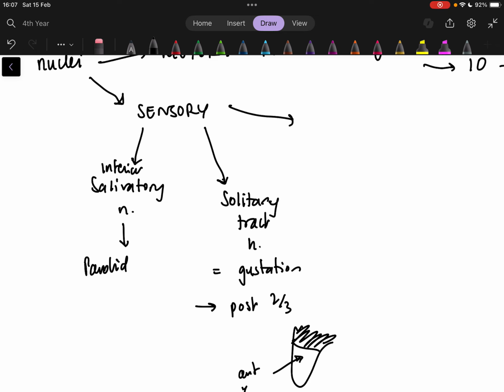which is actually the spinal tract nucleus. And if you watch my last video about the trigeminal nerve, this is the same nucleus as well, and it provides general sensation for the pharynx and all the associated structures in the throat.